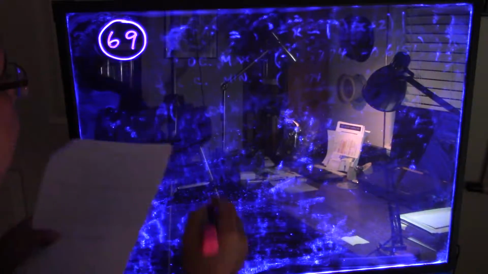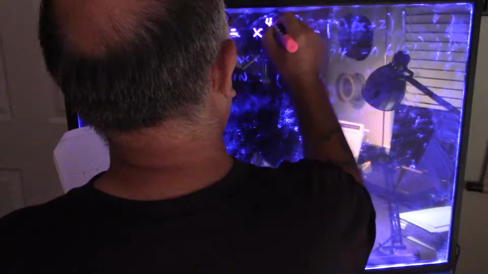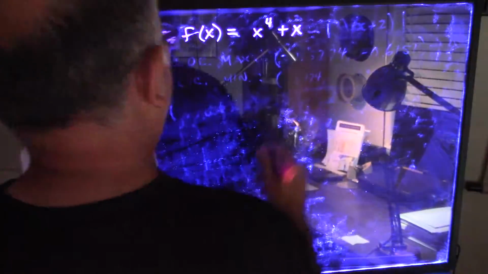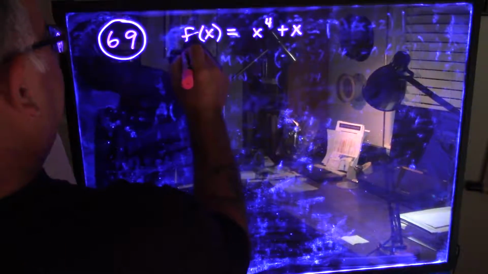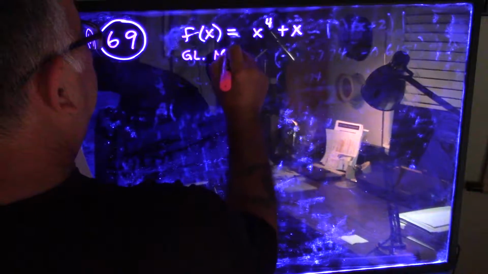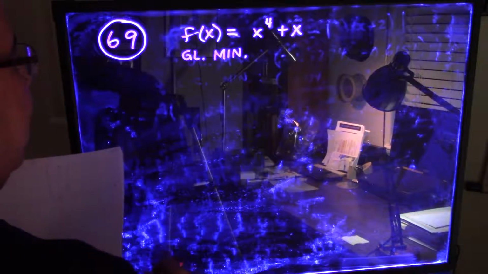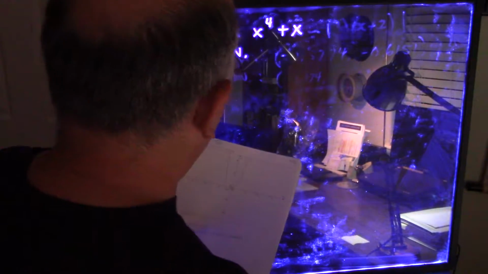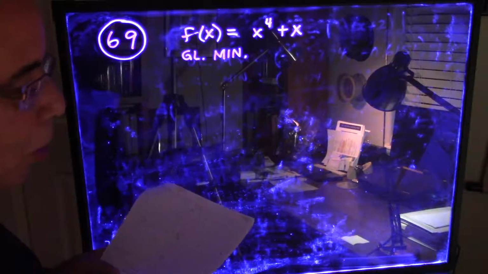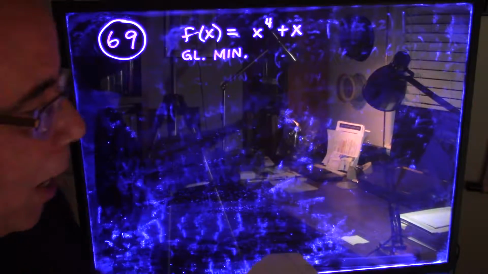Number 69, we have f of x is equal to x to the fourth plus x. And we have a global minimum. By the way, local minima and global minima, or let's say local extremes and global extremes, are also called relative extremes and absolute extremes.